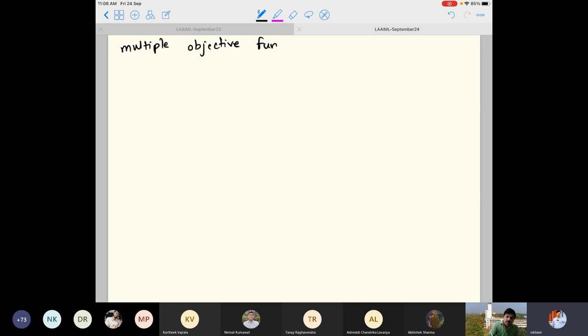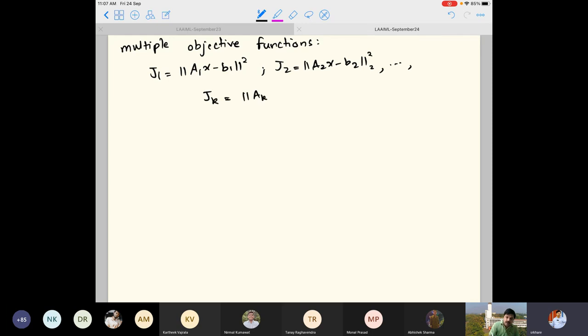So what are those multiple objective functions? Let us write them down. J1 is ||A1x minus b1|| whole square. J2 is ||A2x minus b2|| whole square, and so on and so forth. The kth objective Jk is ||Akx minus bk|| whole square.